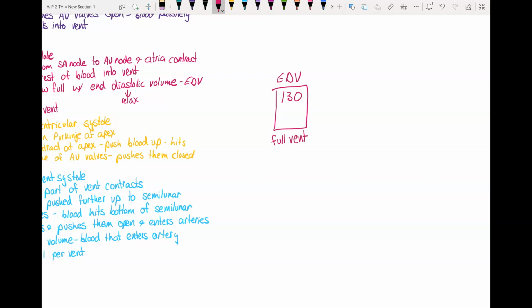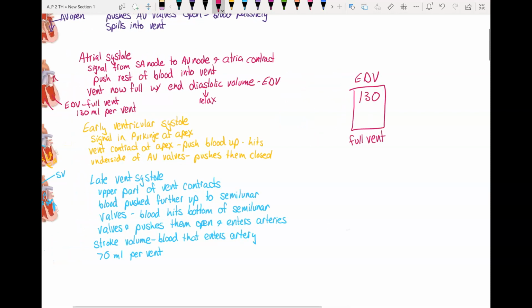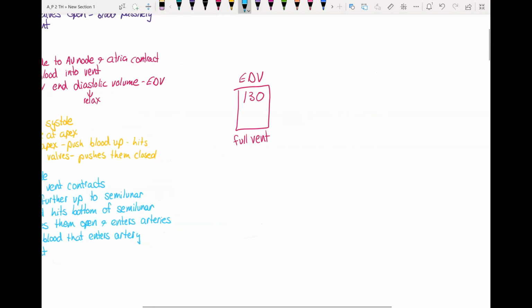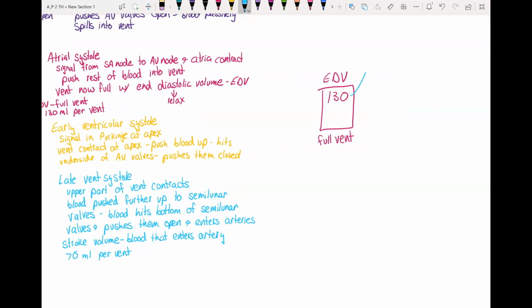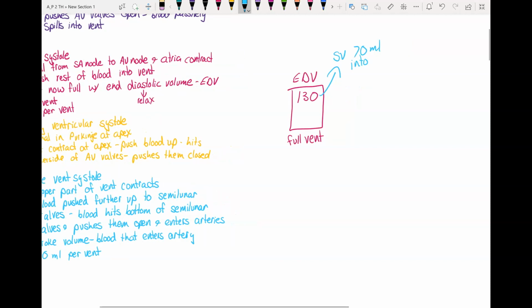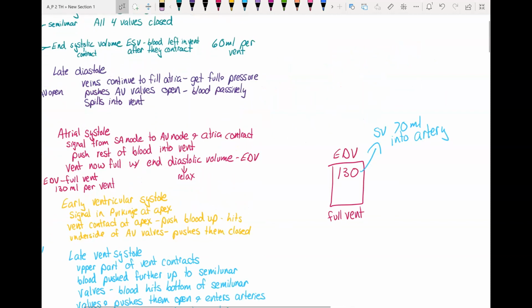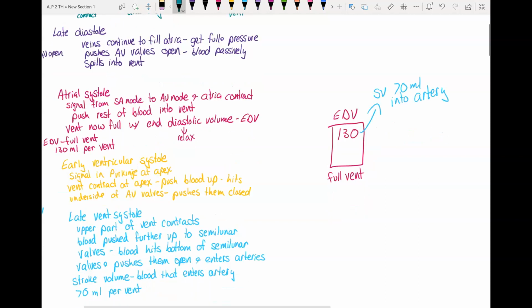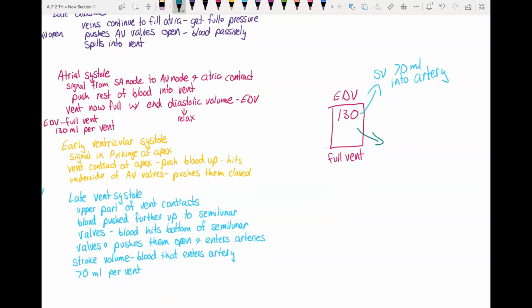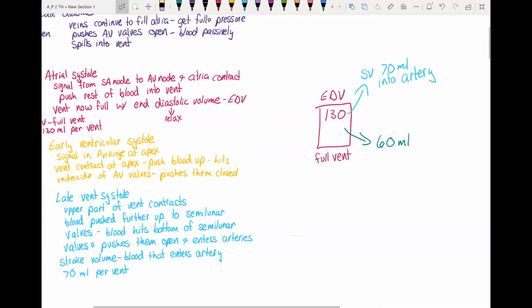The ventricle is going to contract and push blood into an artery. So we have our stroke volume. That is 70 milliliters into the pulmonary trunk if it's the right, or the aorta if it's the left. Then you have your 60 milliliters is your end systolic volume.